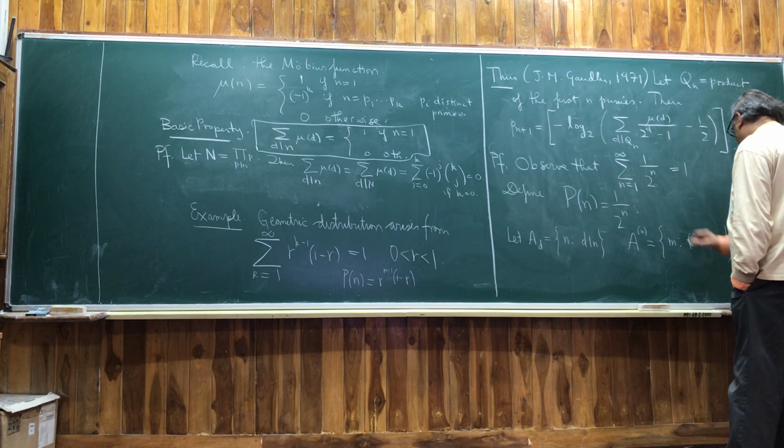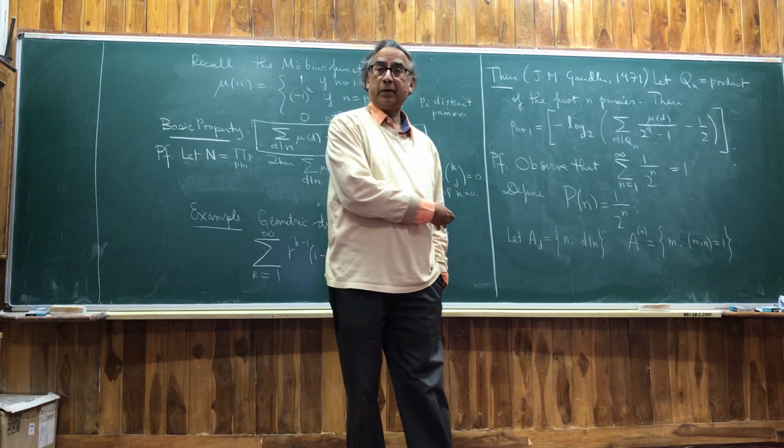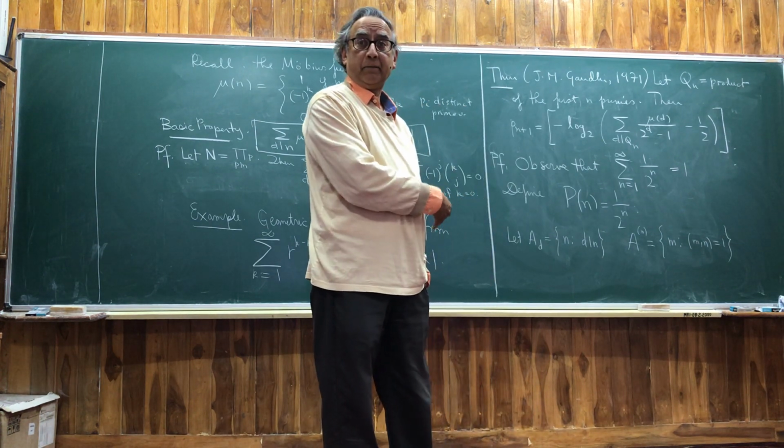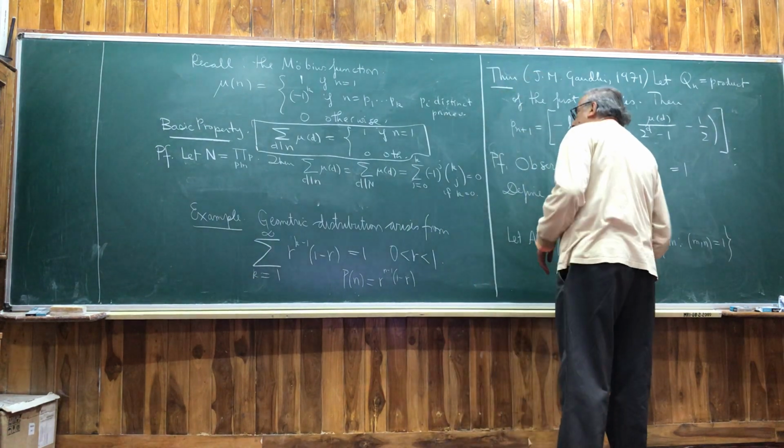These are two subsets of the natural numbers. Let's try to find the probability measure of these sets. They're easy calculations.